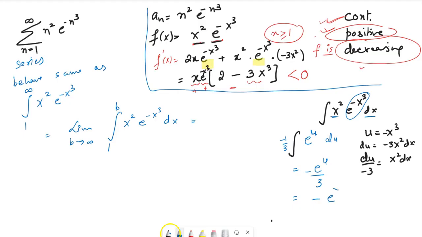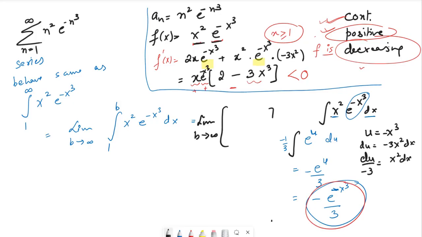And u putting back. Okay, this is the integral. So I'm going to put this back here. Limit b approaches infinity. The integral is negative e to the power negative x cube by 3 from 1 to b.